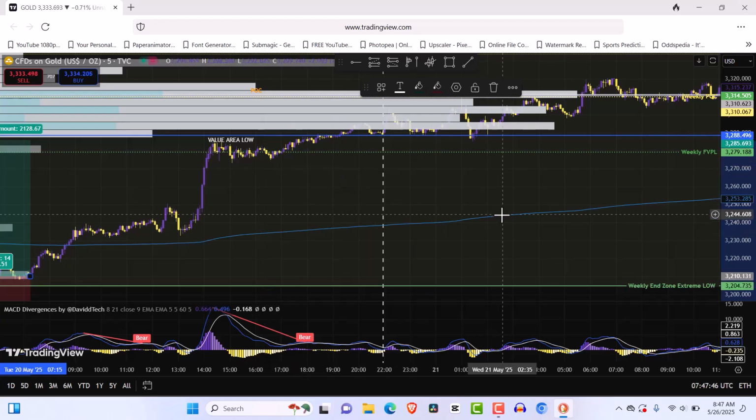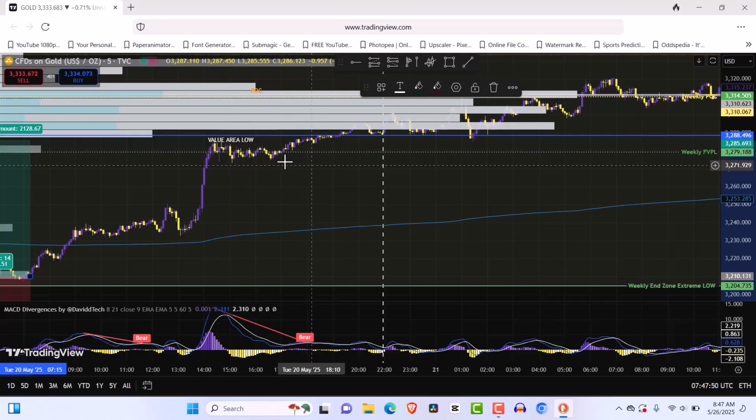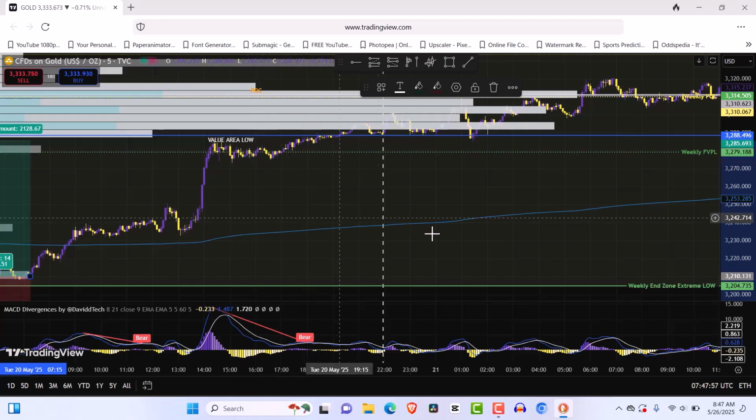You have confidence of taking that trade also. So you see, this is where I would have cashed out this trade, making my weekly fair value gap low. This is where I would have cashed out that trade and I would have been good for the day.